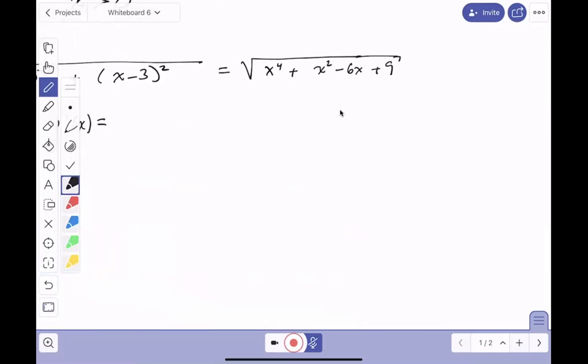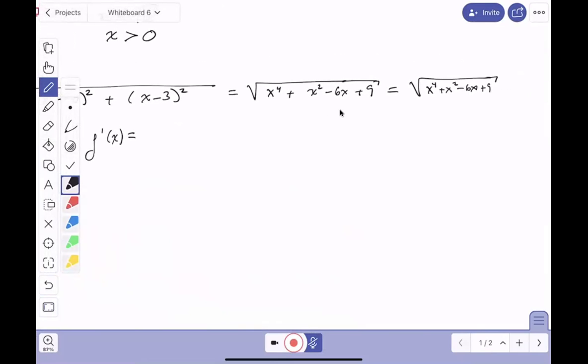All right. I did okay, right? x squared, yeah. Let me keep writing it. This is the root of x to the 4th plus x squared minus 6x plus 9.